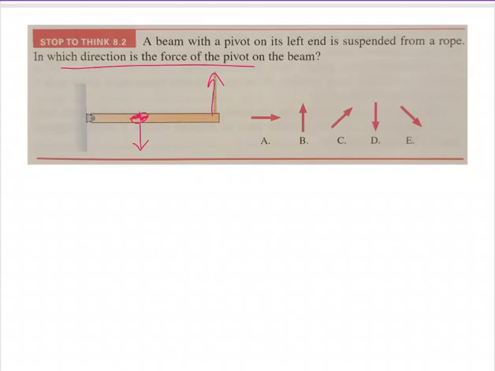So it's A or C, because since it's touching the wall, there has to be a normal force. All right. Is there anything else going on outside of the pivot that would be at an angle?